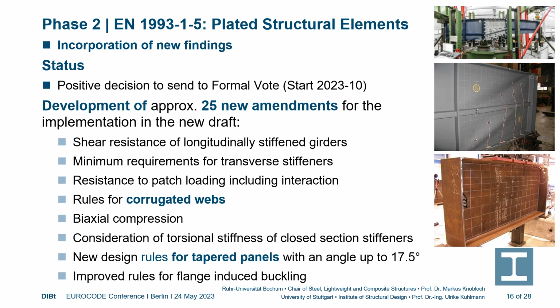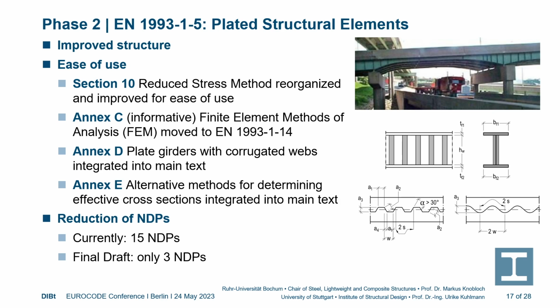And this concerns a lot of items. I give you here some example. For example, we have new rules for corrugated webs. Biaxial compression is dealt. We have these rules for tapered panels here, new ones. We also have a restructuring of the whole draft.